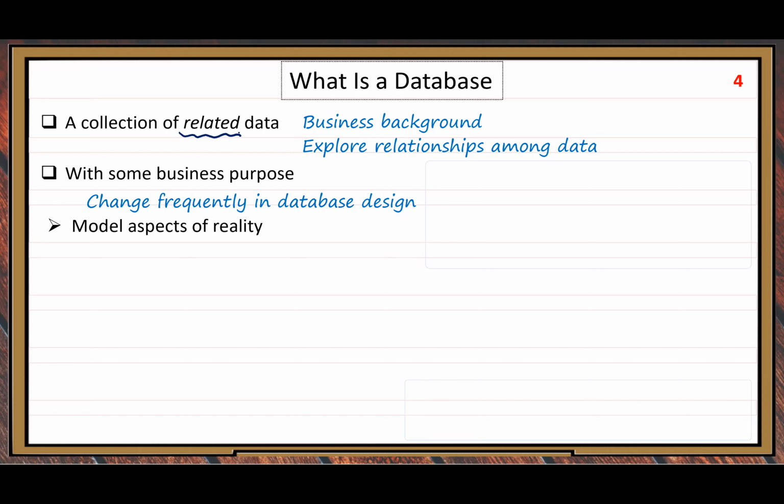The database keeps changing. At the beginning, we need to change our database design frequently. The reason is, at the beginning you do not have a good understanding of your business, so you need to try very hard to understand it. At an early stage, understanding the business is very important.